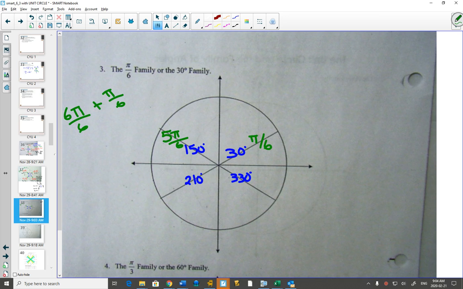And this one would be 7 pi over 6. And then in quadrant 4, you'd have to do 2 pi minus, how do I make 2 pi something over 6? 12 pi over 6 minus 1 pi over 6, 11 pi over 6.